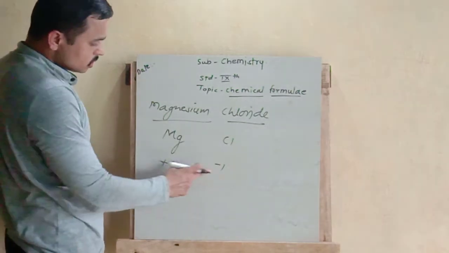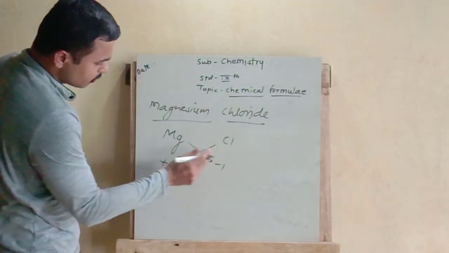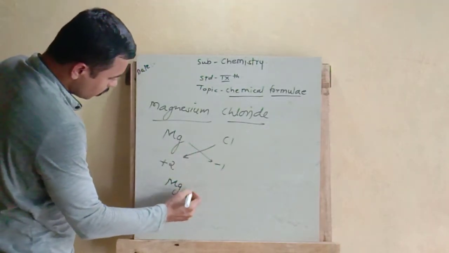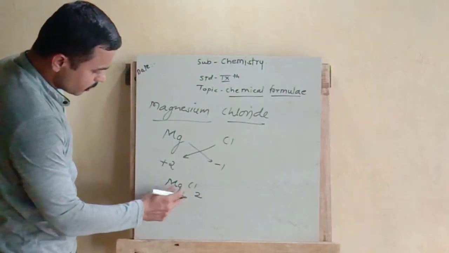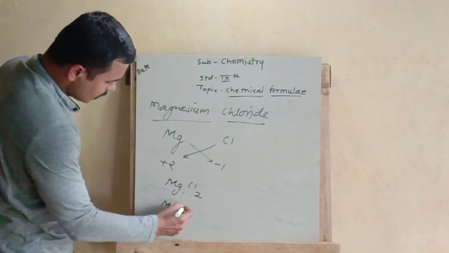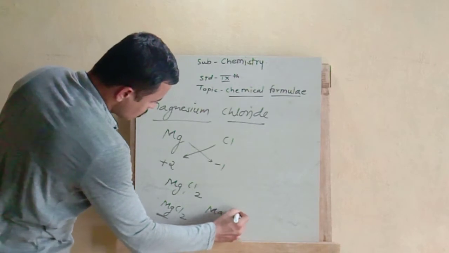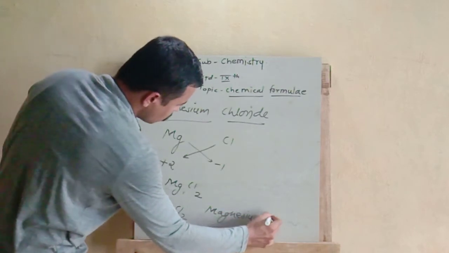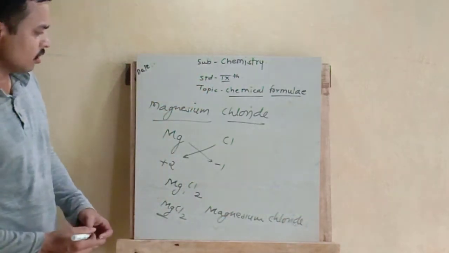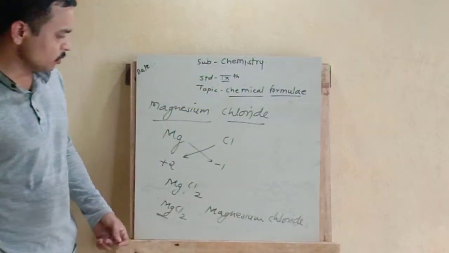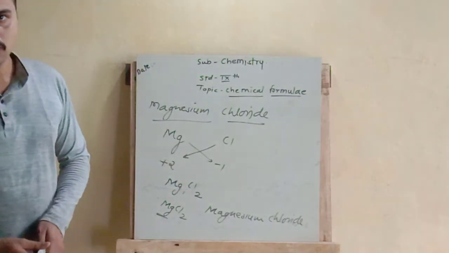So we have to cross multiply. So Mg1, Cl2. Instead of writing it this way, I can write MgCl2. That is magnesium chloride, the actual name of this particular compound. This is also a salt. All salts have ionic bonds.